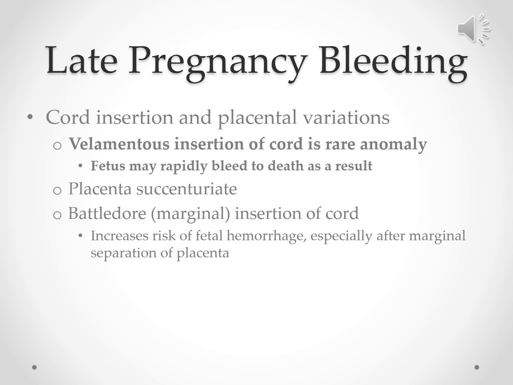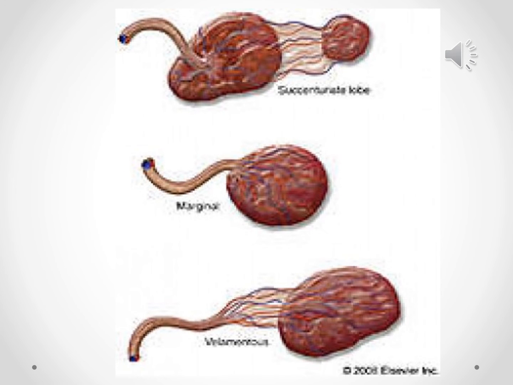I've got a couple of pictures and slides coming up so that we can look at what each of these things are. While this isn't the best image, it does give you all three of these things in one place. In the top one, you see you have that additional lobe from the placenta, and you've got the vessels that are unprotected traversing over to perfuse into that lobe as well.